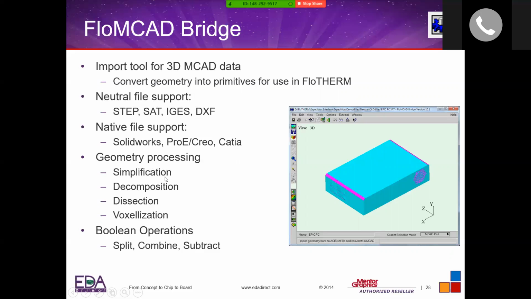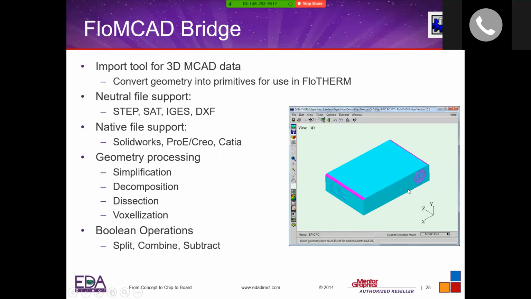So simplification means I'll show you more in the demo, but let's say you have a rounded edges like this, which are thermally insignificant. In many cases, we could convert those into square structure. You may have some venting, and we'll replace that section with an equivalent thermal model that have the same free air ratio that you have.